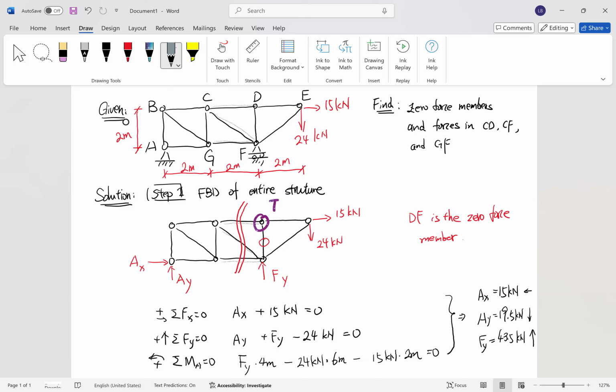Okay. And then what we need to do is to pick up one part of the structure. By the section, it has already cut the structure into 2 parts, right? And now we may pick either of the parts and analyze it as a rigid body here.